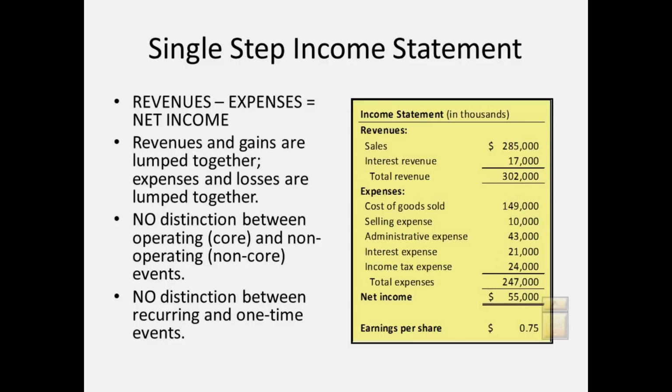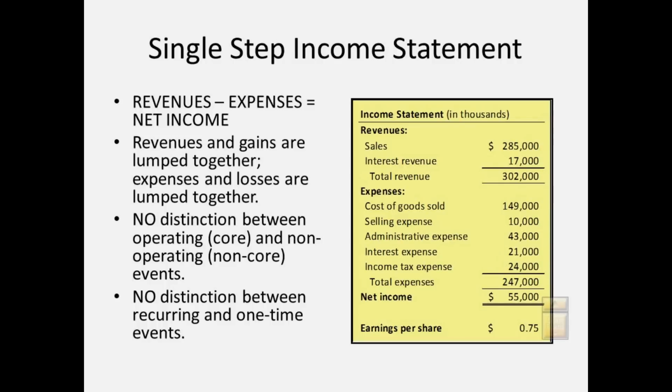Expenses, we're going to lump all of those together as well: the ones related to the product, the ones related to the process, like sales, the ones related to financing, and the ones we can't avoid because the IRS is going to charge us a certain amount based on our performance this year.